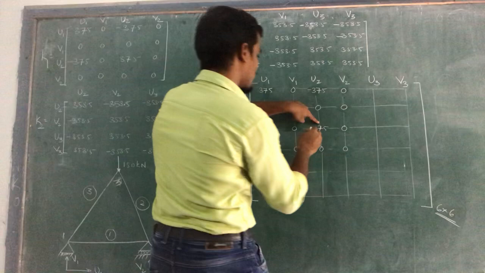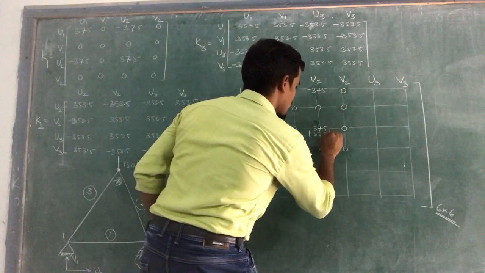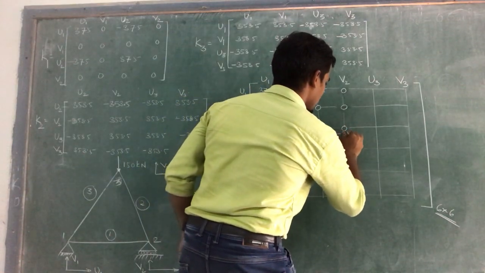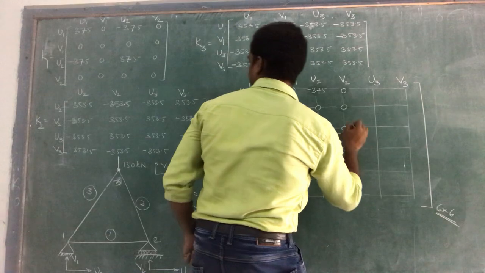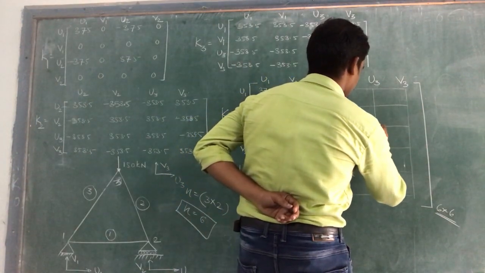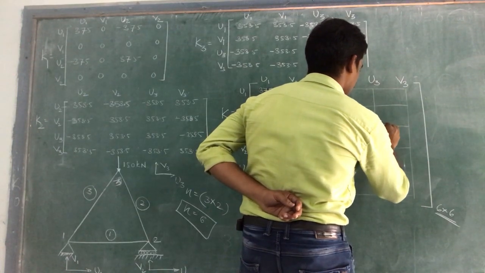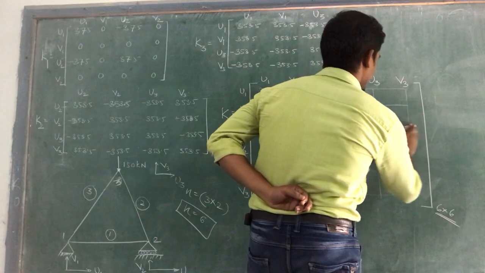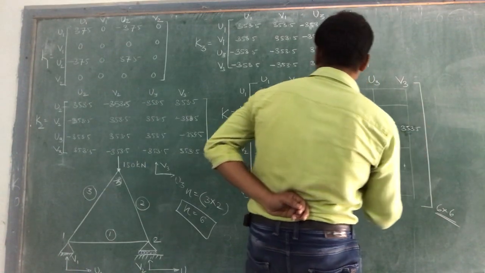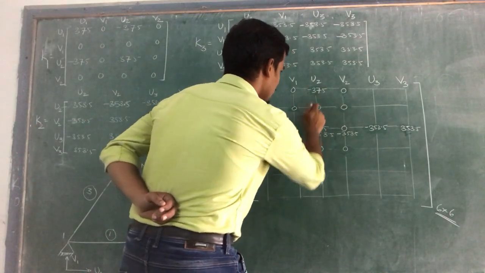So 353.5, it will become plus 353.5, minus 353.5, minus 353.5, plus 353.5. Similarly, now the u2 column and u2 rows.